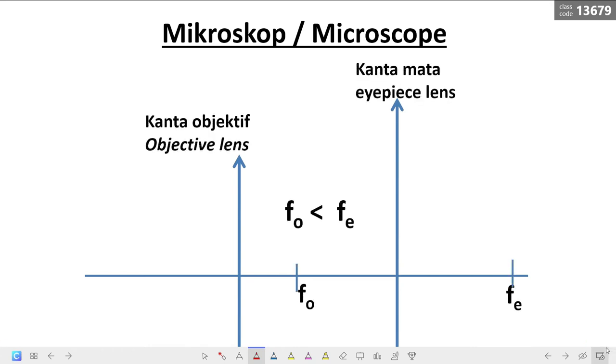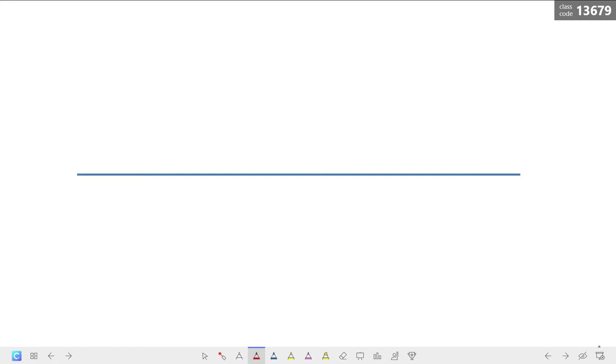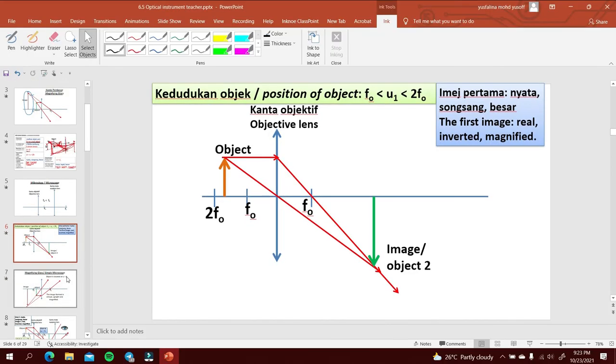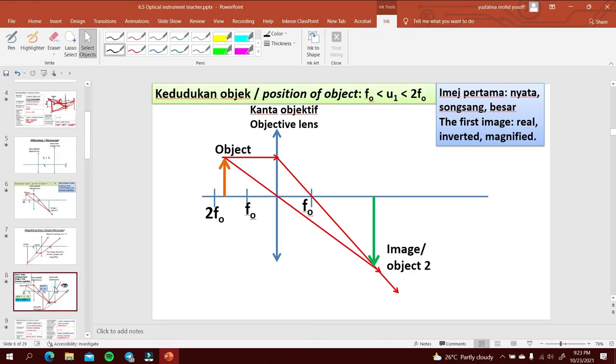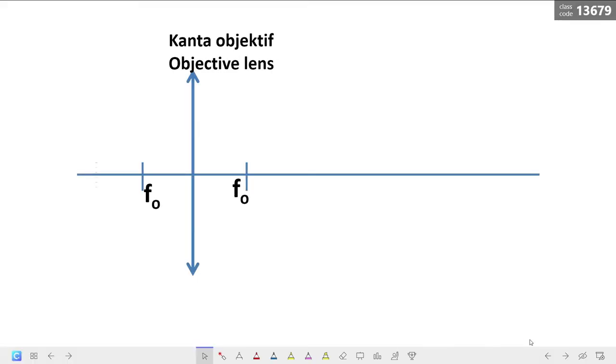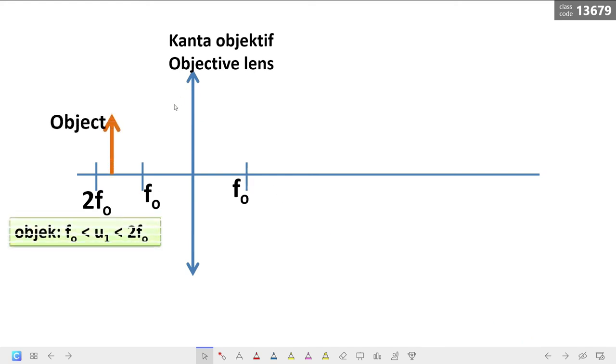FO is smaller than FE. Maybe I will just show you the last one, this one. So this is the objective lens, and the object is between F and 2F.